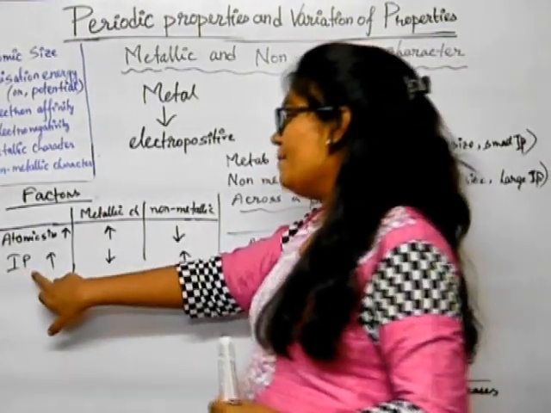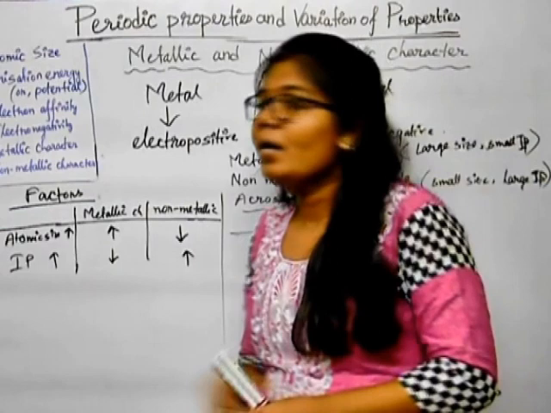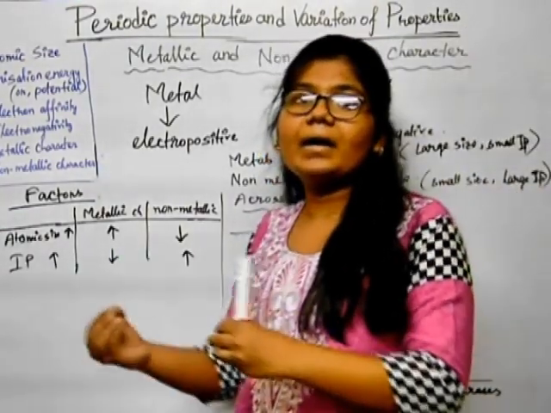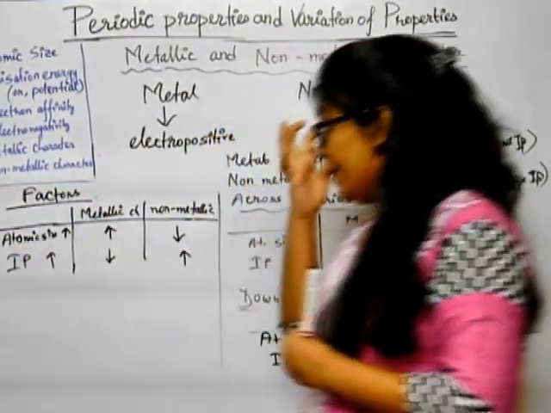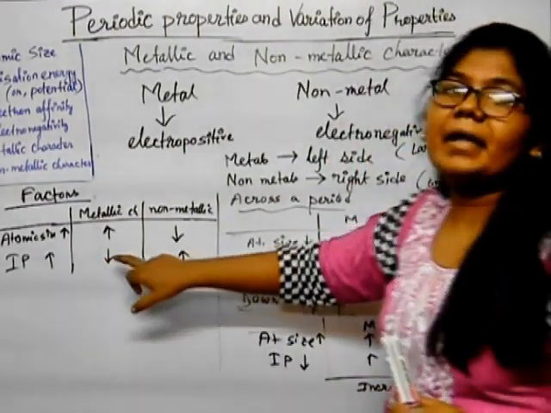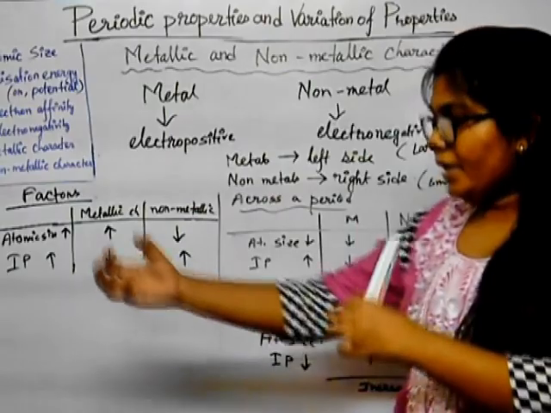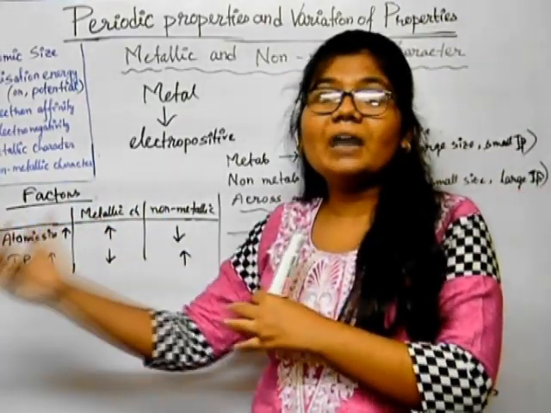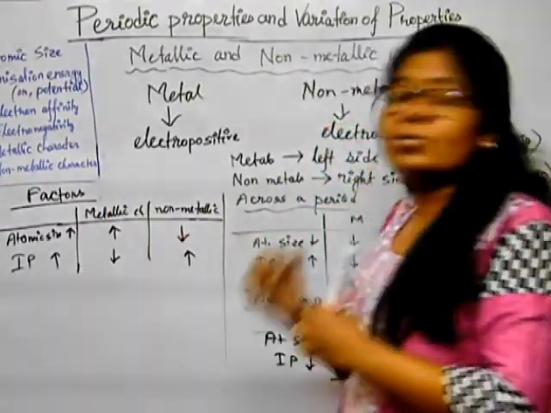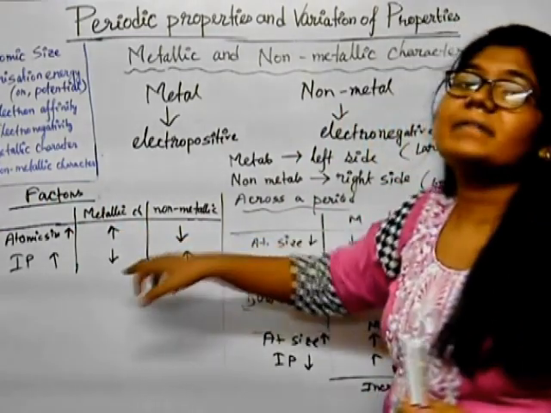In case of IP, what is IP? First, let's say what IP is: the energy to release an electron. If IP increases, then the metallic character decreases. If IP increases, it means the electrons in the outermost shell are strongly attracted to the nucleus, so they can't easily release the electrons, so metallic character is decreasing.